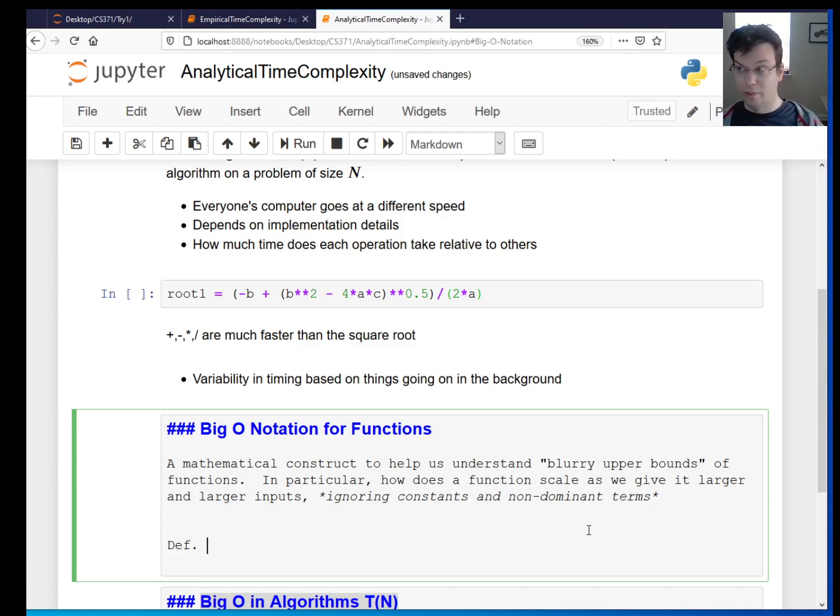Our first very precise definition in this class. Big O notation.